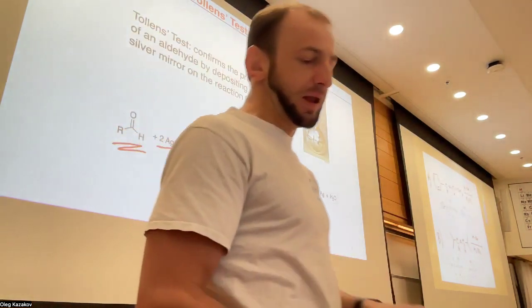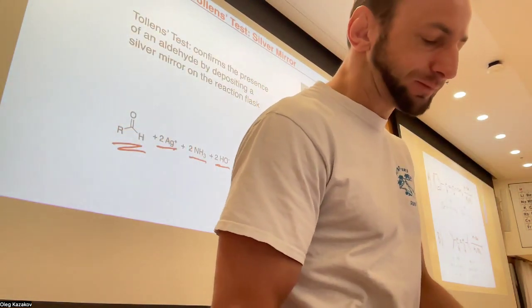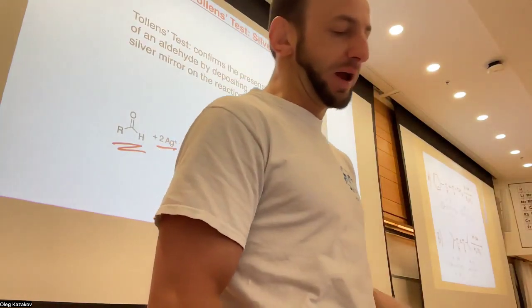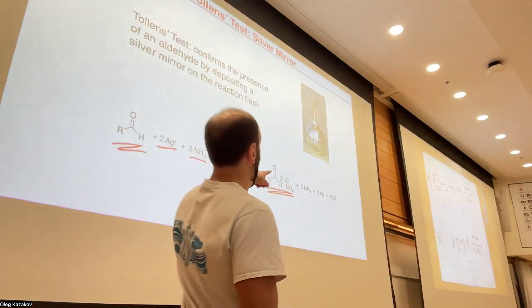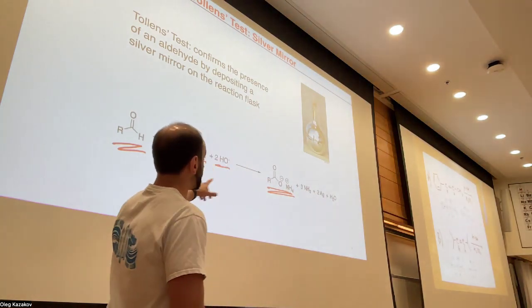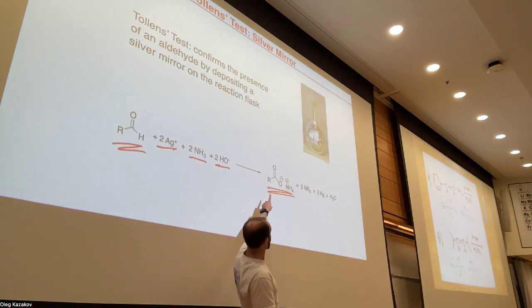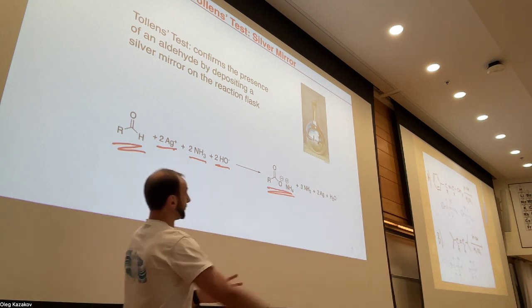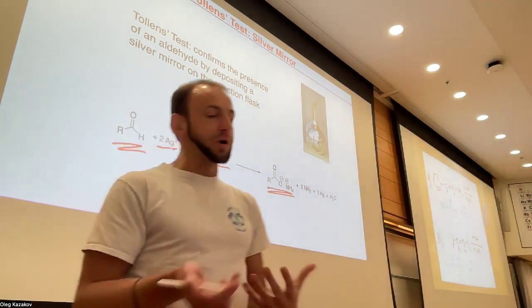Then what's going to happen is that you form an organic salt, actually a salt of the carboxylic acid. That's for the future. Here you can see the carboxylic acid anion, a slightly modified version of the carboxylic acid with a new counter ion.